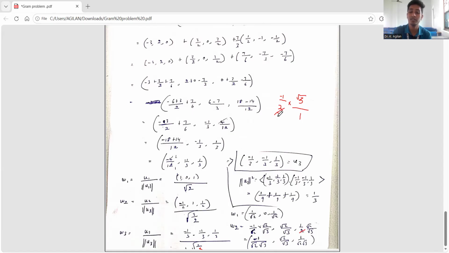This root 3 is nothing but root 3 into root 3. So what is the first term? Minus root 3 divided by root 3. So the answer will be minus 1.